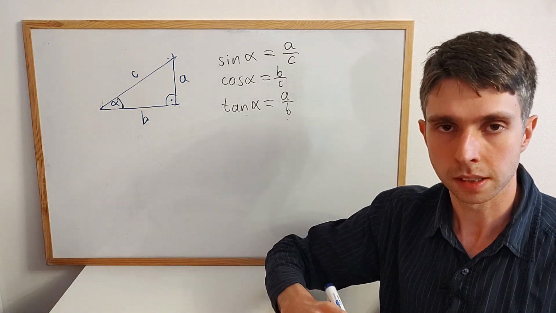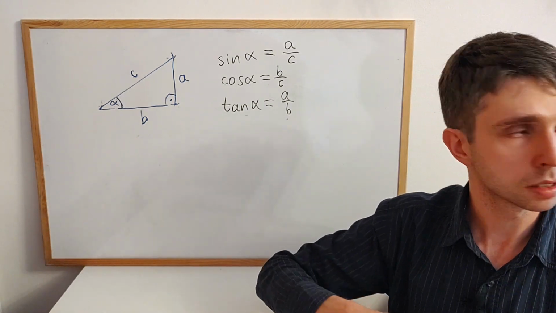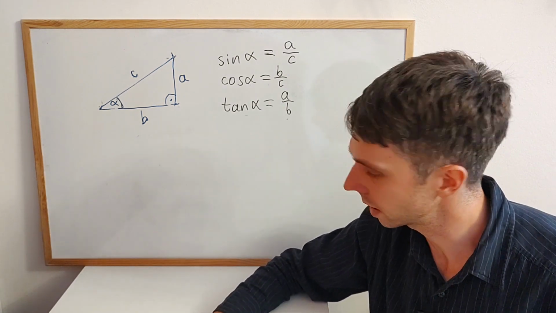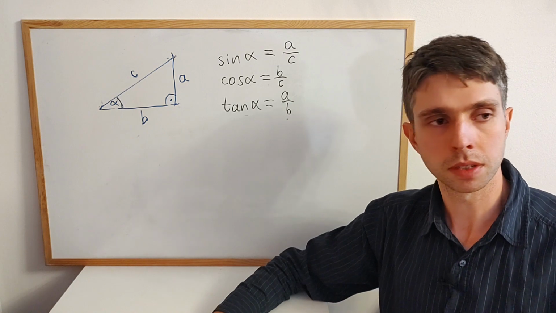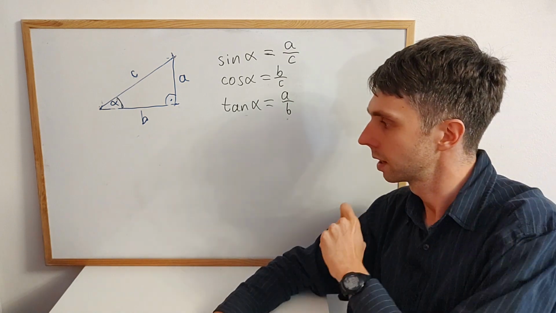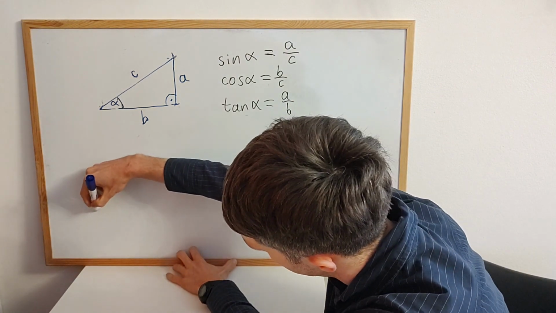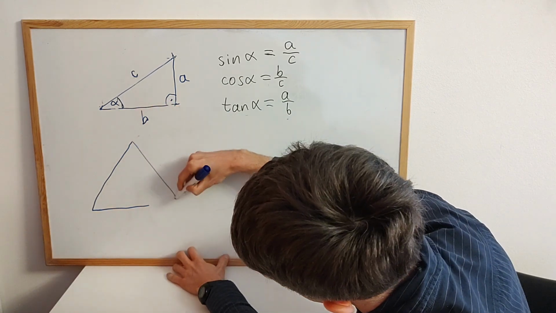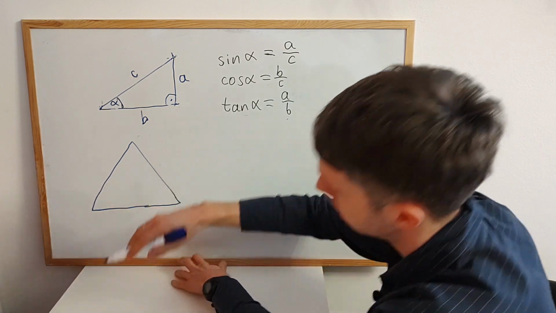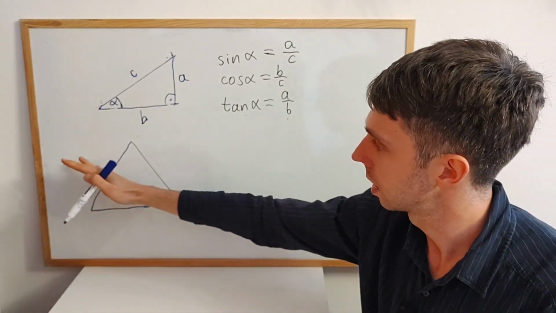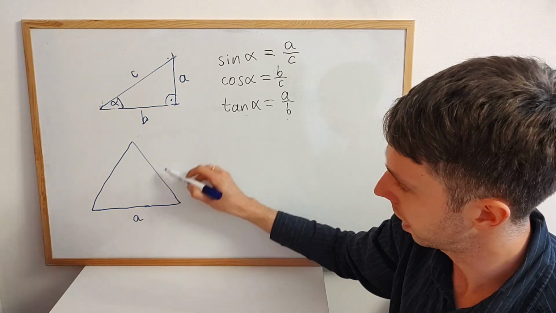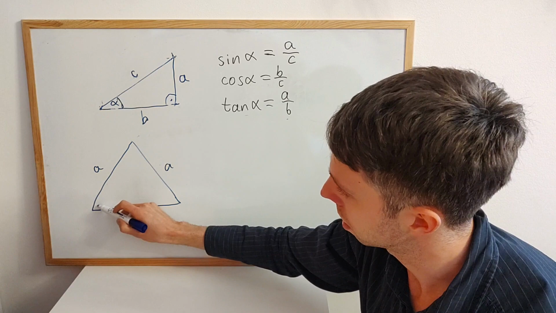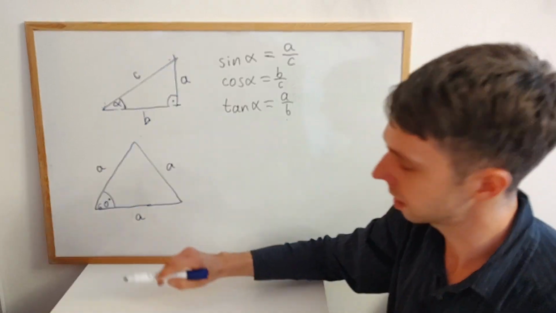Let's move to another especially important angles. So these are 30 degrees and 60 degrees, and you can find them in the equilateral triangle. Let me draw it. So this is the triangle that has all sides equal, so a, and all angles equal, so each angle is 60 degrees.